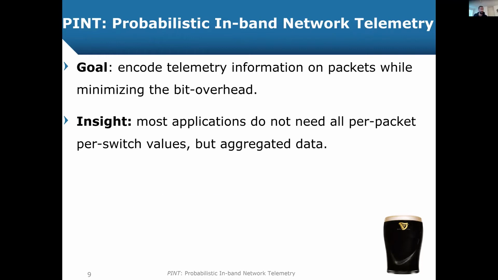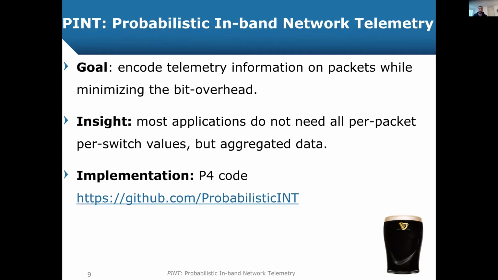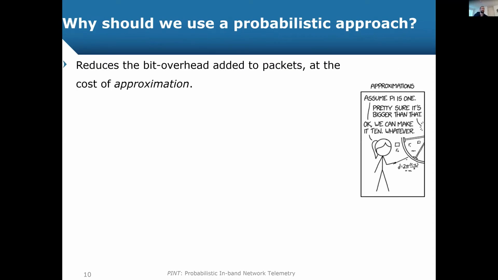PINT is implemented in P4, and we open sourced it, but let me explain why we should use a probabilistic approach. What we want to do is reduce the bit overhead on packets, and this comes at the cost of approximation. You may think of approximation as something like in this figure, but we have approximations with provable guarantees, and we have different types of approximations.